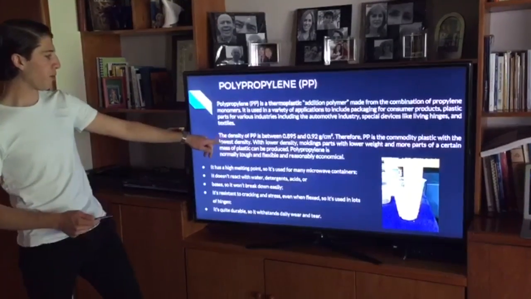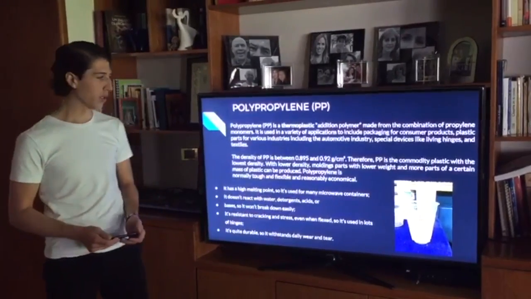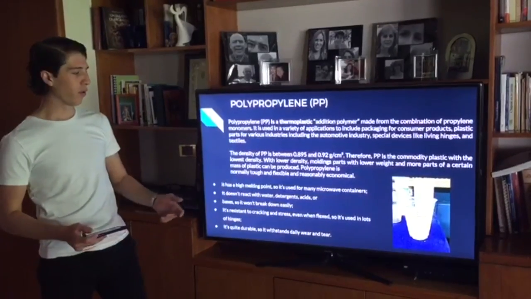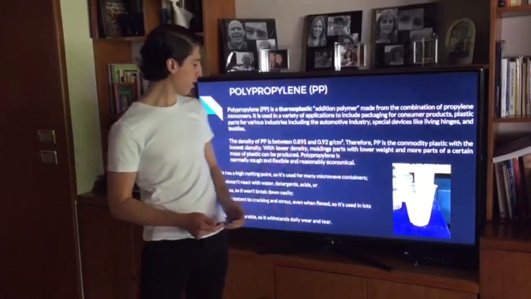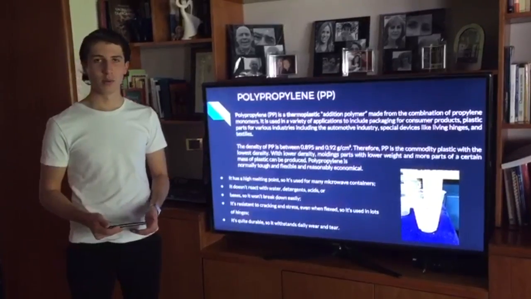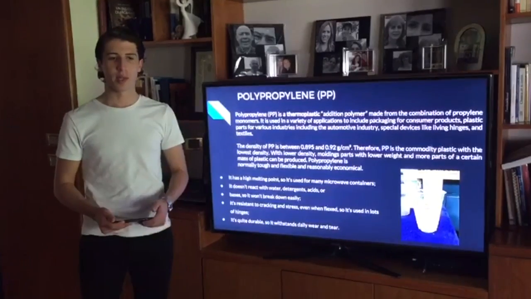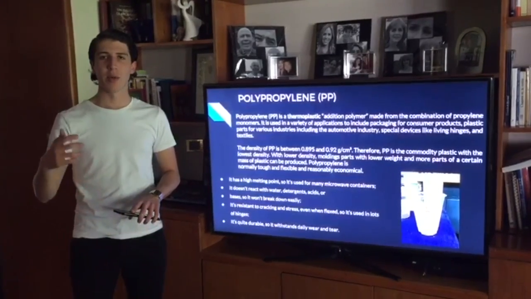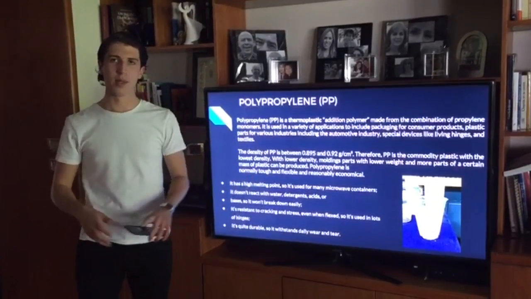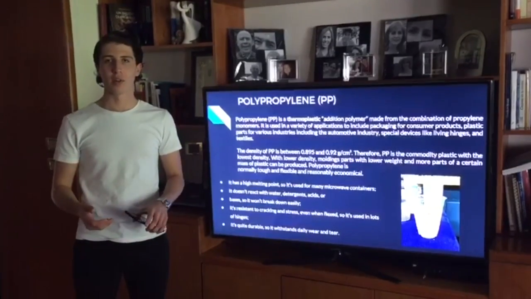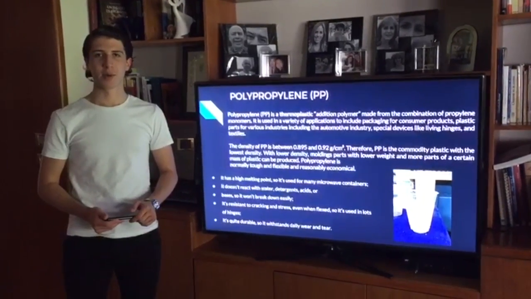Its density is between 0.89 and 0.92 grams per cubic centimeter, so it is a commodity plastic with the lowest density, and it is the most used. It has a really high melting point, and this helps a lot because in the machine the pellets arrive at the big tube and need to be melted so they can fill the mold appropriately. Well, that's about it.